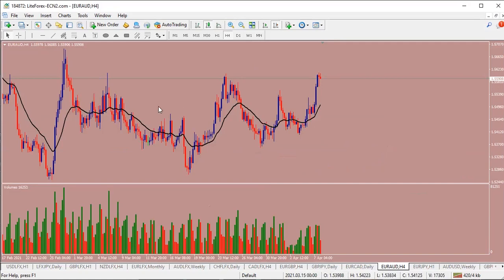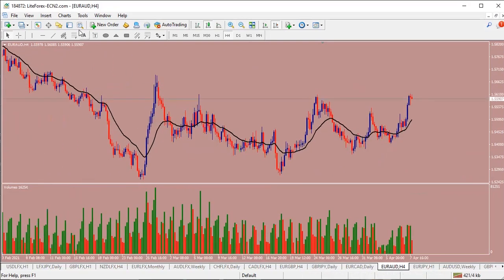This is an example of a breakout, right? And the breakout occurs here, right? Yes, sir. This is where we have the breakout.